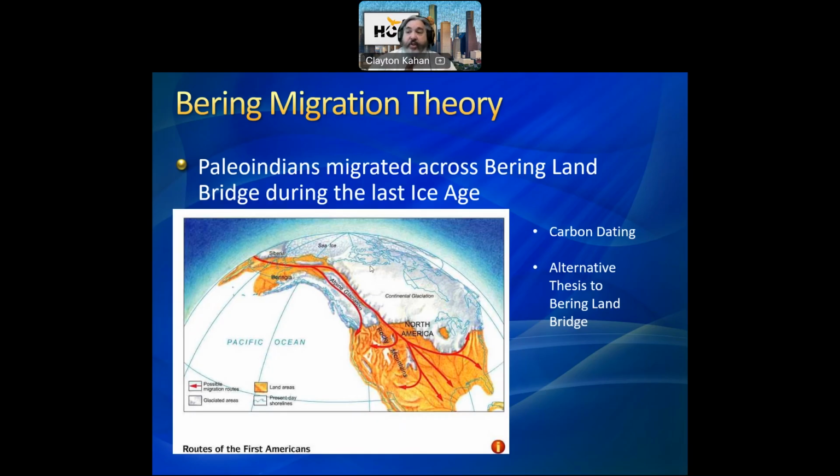Now, there's also some evidence to suggest, not a ton of evidence, but some evidence, that in addition to people who were migrating following large game, there were also some people who were escaping war as well. They were escaping wars with different groups of people in Northeast Asia. And what we know about these groups, we know courtesy of remains and things like carbon dating.